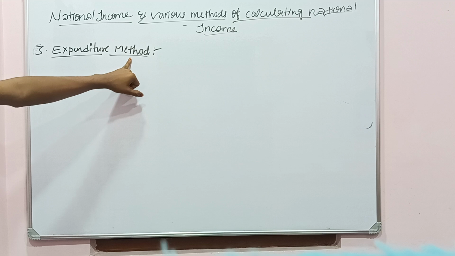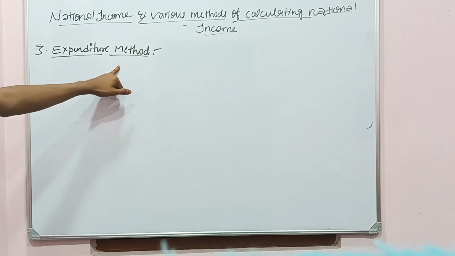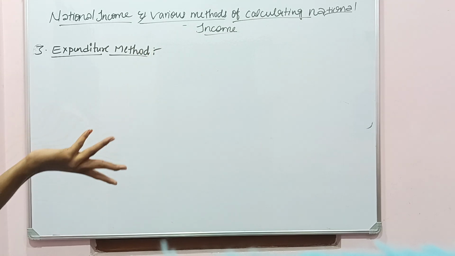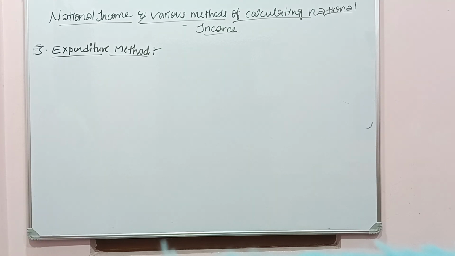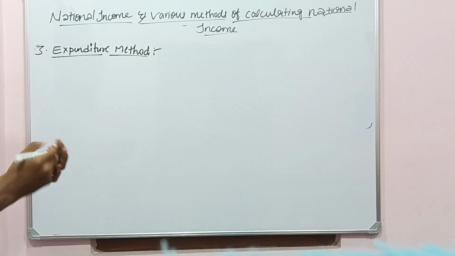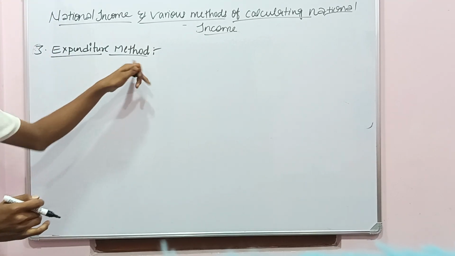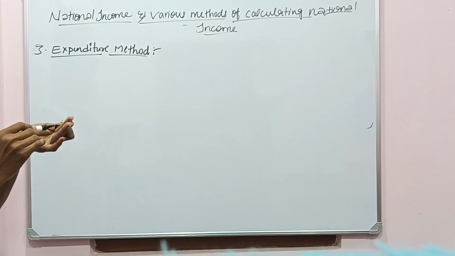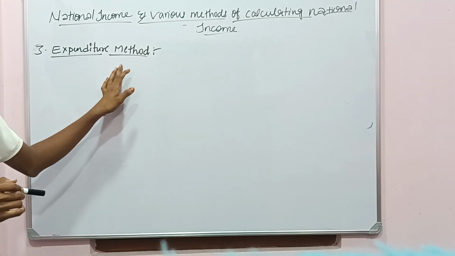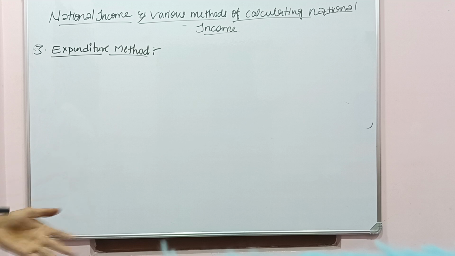This method adds the total expenditure that the society incurs in a specific year for personal consumption, household expenditure, expenditure on the firms, and expenditure on the government. Summed together, we obtain the country's national income through the expenditure method.